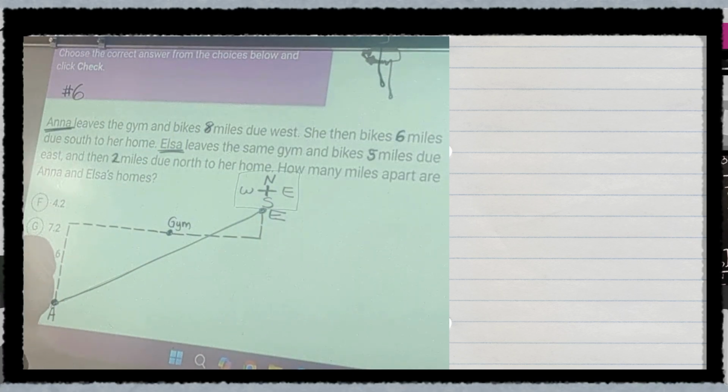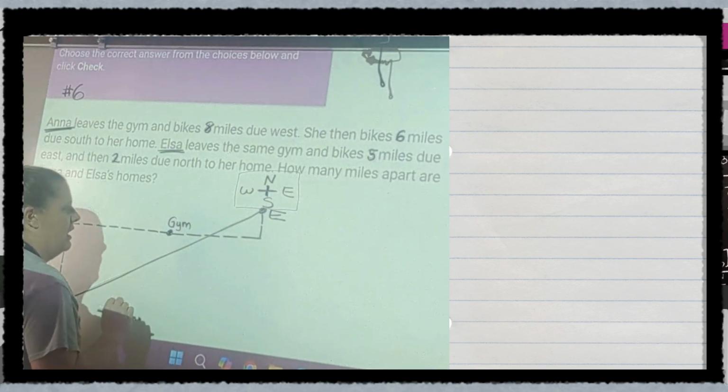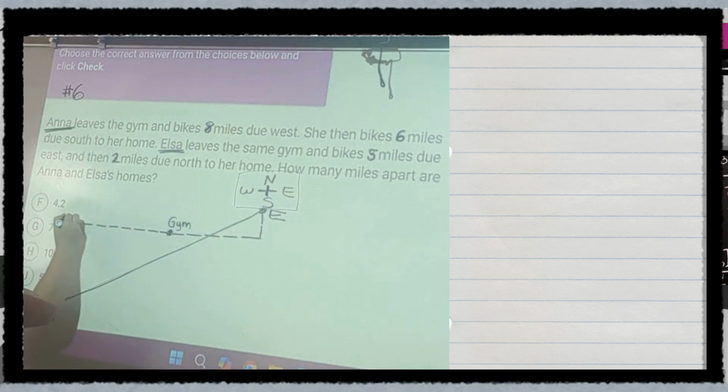All right, and let's just reiterate to ourselves how long each of these things are. 1, 2, 3, 4, 5, 6 up. But if we're going to go all the way up to Elsa, we're going to go 2 more. Okay, so we're actually going from here to here, up 8 total.